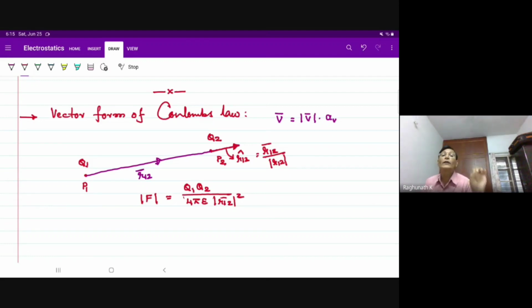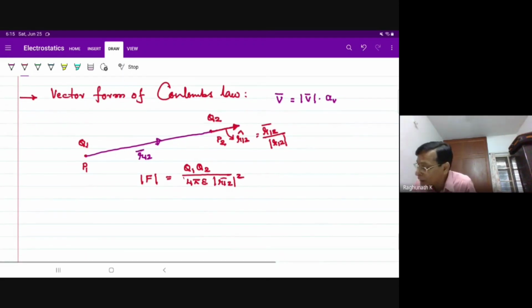Because I know the vector from P1 to P2, the distance between the points P1 and P2 definitely is the magnitude of the vector from P1 to P2, called R12 bar. F modulus is Q1 Q2 by 4 pi epsilon R12 bar whole squared. What is F bar?